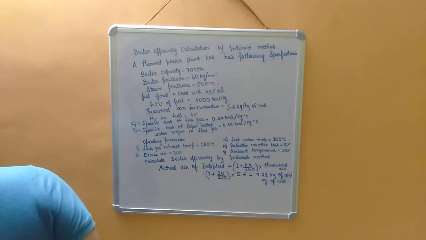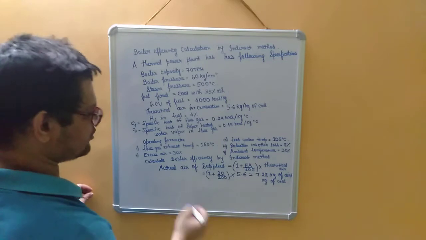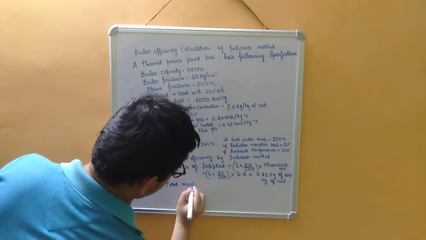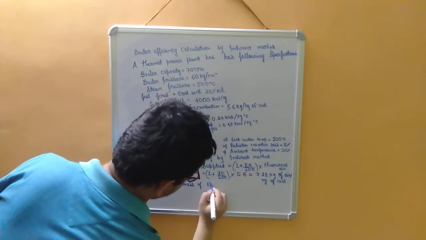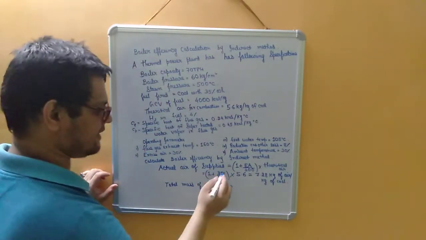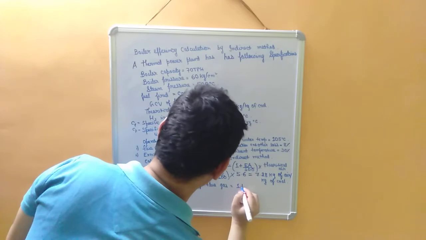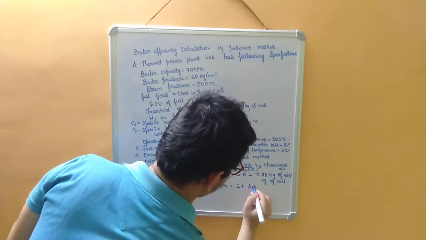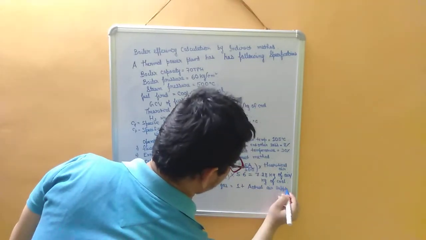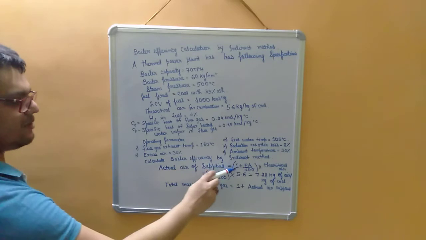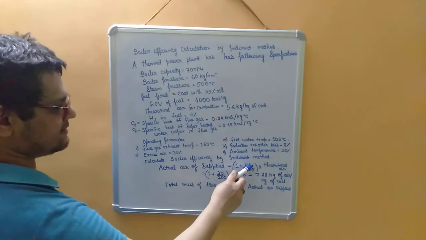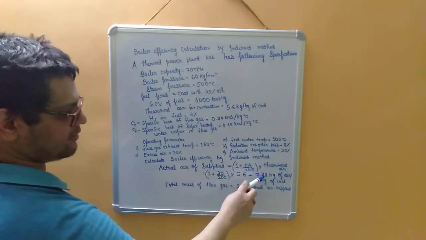Now we calculate the total mass of flue gas. What is the total mass of flue gas? It is 1 plus the actual air supplied. We calculated the actual air supplied using the excess air by 100 into theoretical air, which gives the value 7.28.